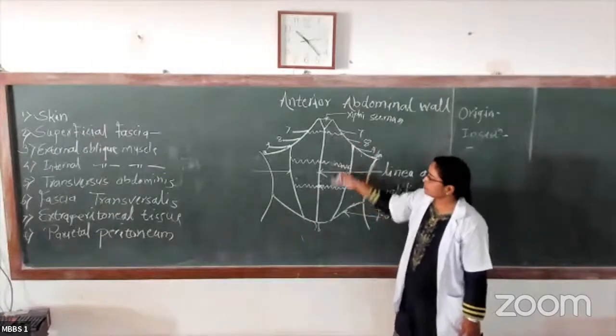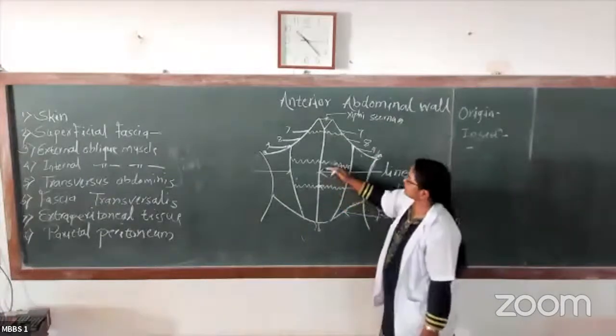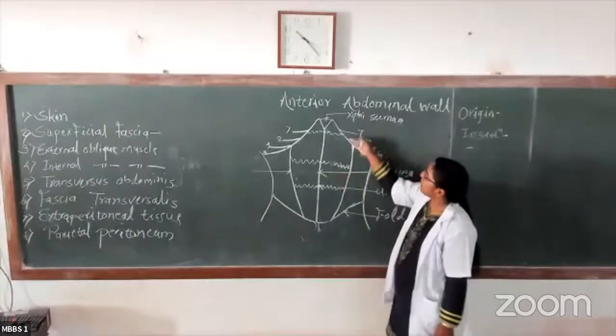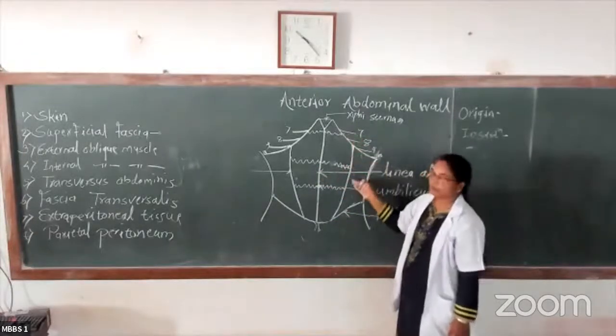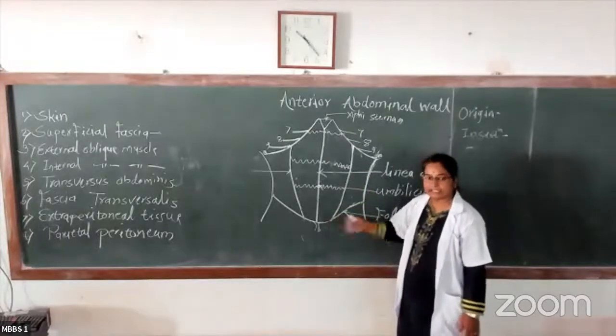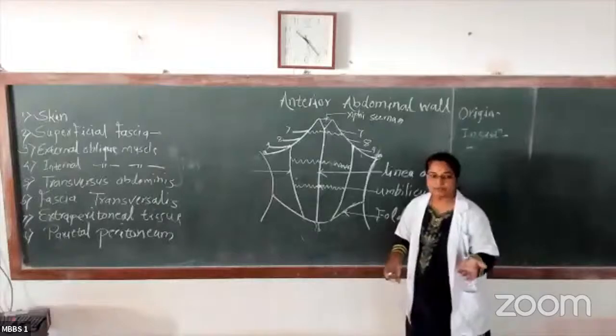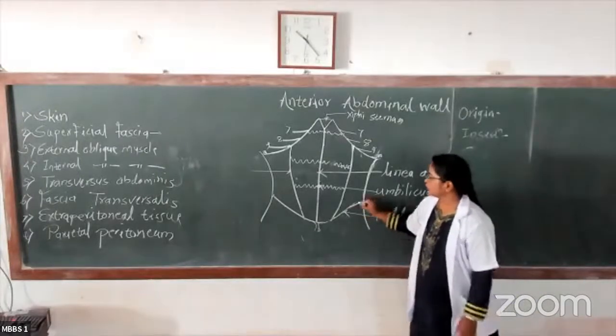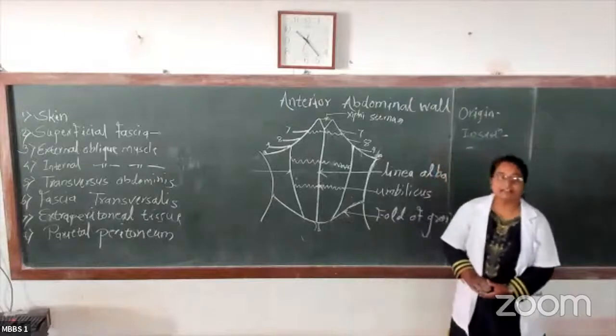This aponeurosis has an upper border, which is free and overlapped by the pectoralis major muscle, and a lower border, which becomes thickened and rolls back on itself to form the inguinal ligament.